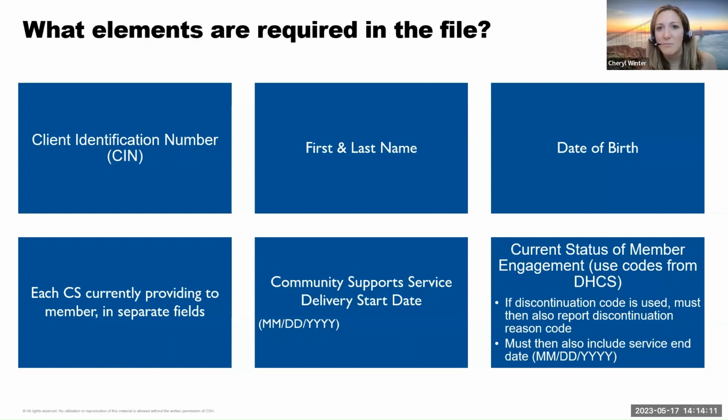So DHCS provides codes. These are numbers that they have said, this number means this thing, this number means this. And you'll select, are you engaging with someone actively? Have you done outreach, but aren't yet engaging with them? Are you discontinuing services with them? If you select discontinuation, you then have to also report on the service that you are discontinuing and the date that you are discontinuing that service.